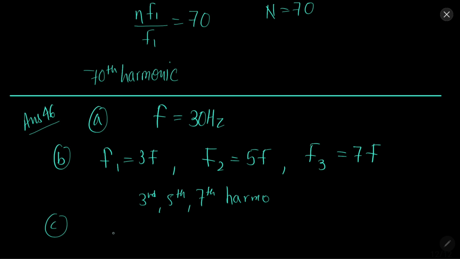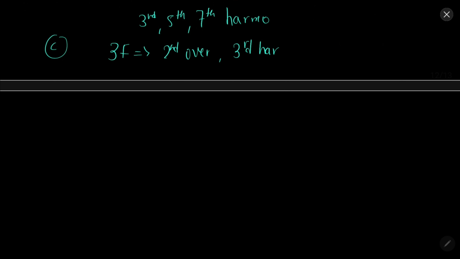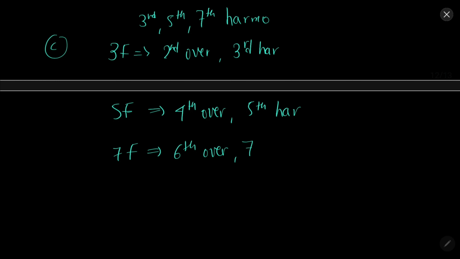And what about the overtones? So we have 3F, which is the second overtone and third harmonic. Similarly, 5F is the fourth overtone and fifth harmonic, and 7F is the sixth overtone and seventh harmonic.